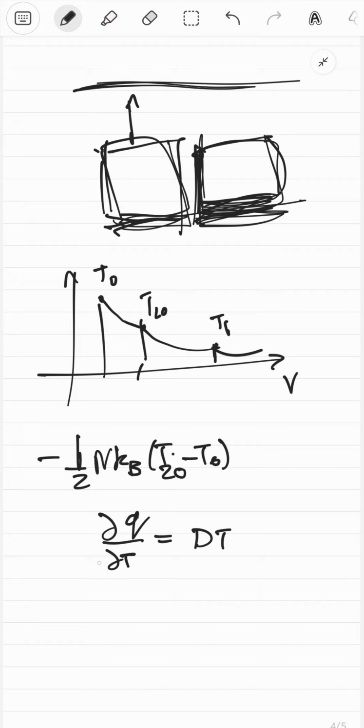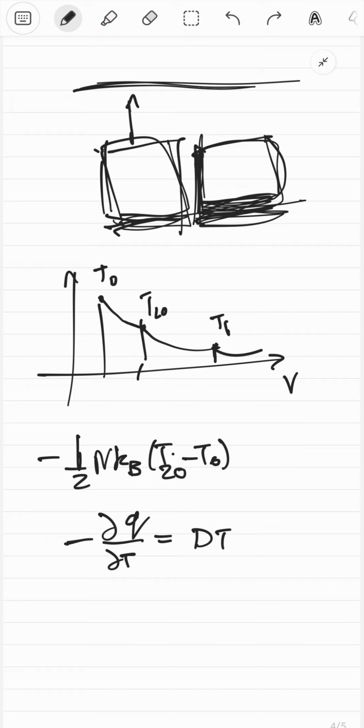Cool. So this should be dq upon negative dt in that case, because the dq from that side is negative. Okay, it makes sense. So negative dq upon dt should be capital D times T. That's the equation that we should follow for this whole process.